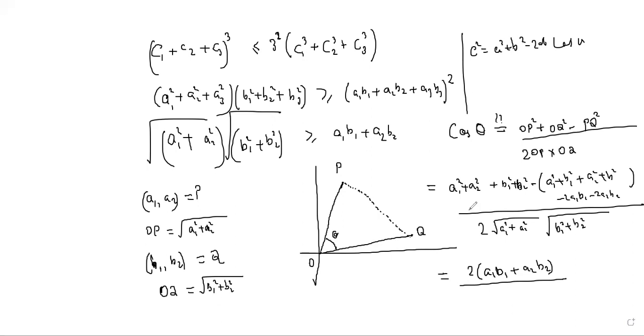Okay. Let's come back. So this is going to be a1 square plus a2 square. So we are trying to understand the Cauchy Schwartz, right? What it really is trying to say. So yes, the 2 is not needed.